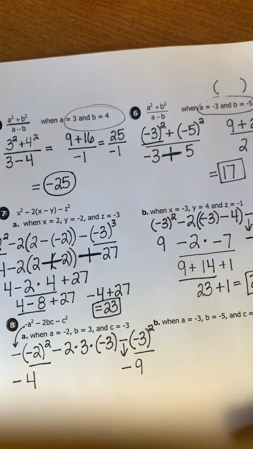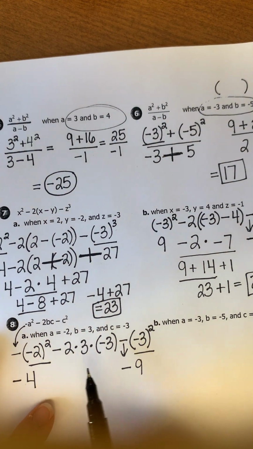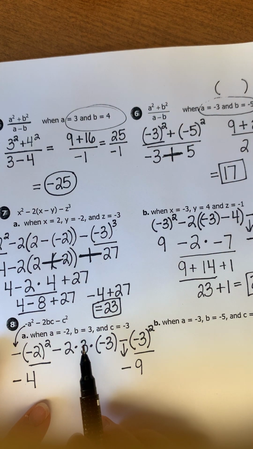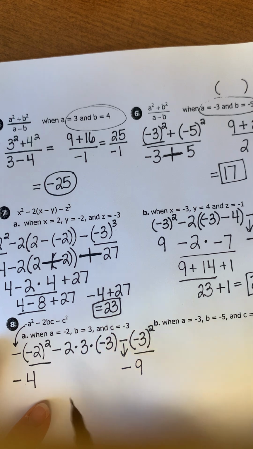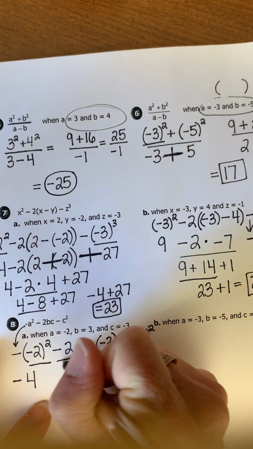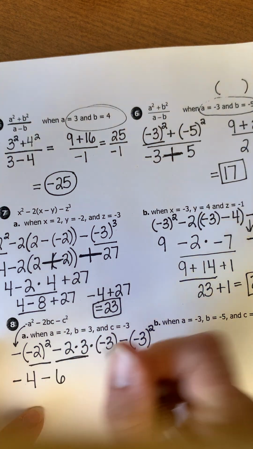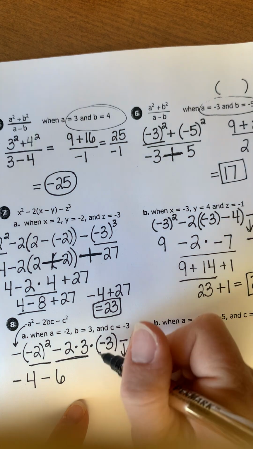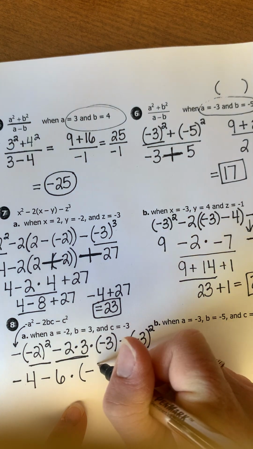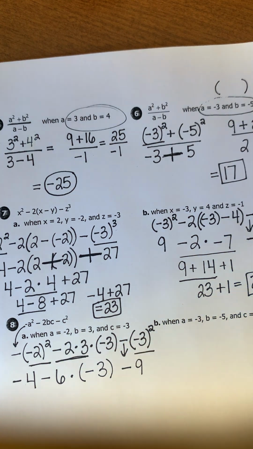Okay, and then we are going to multiply through left to right. So we have all of these. I'm going to multiply through. So -2 times 3 is going to be a -6. Okay, and then I'm going to pull down this -3 so I don't confuse myself.